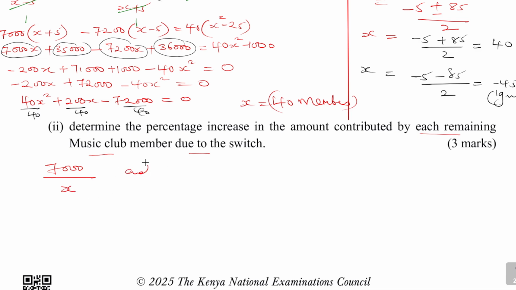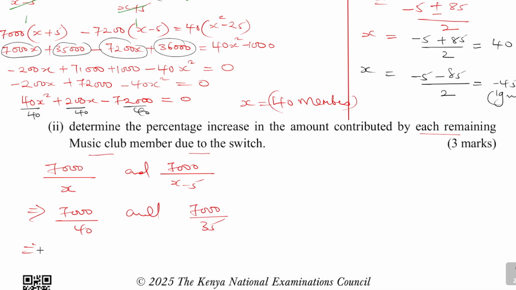After the switch, 5 members left, so we need to get the contribution here. It will be 7,000 divided by 40, and after the switch 7,000 divided by 40 subtract 5, that will be 35.